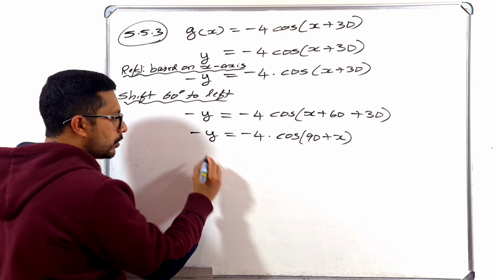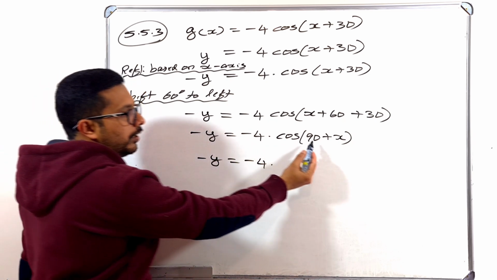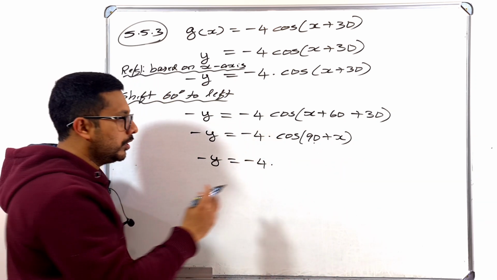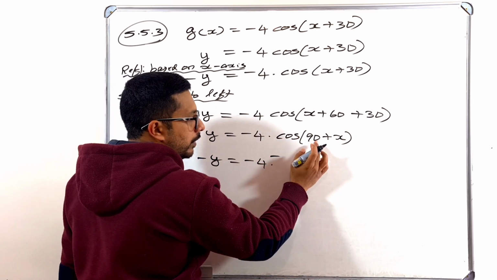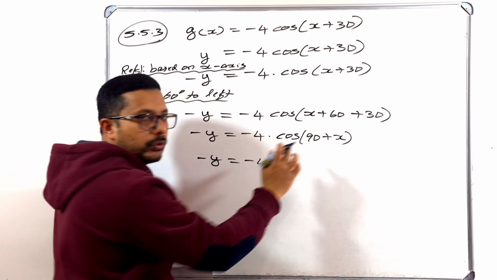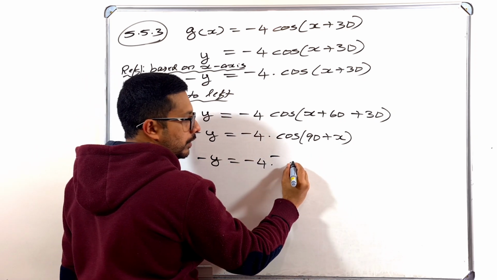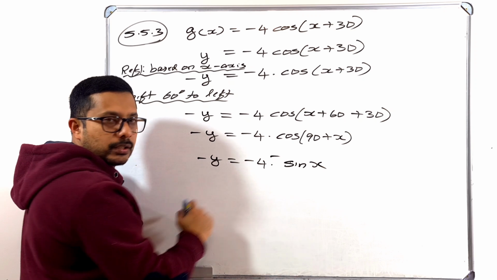Sine is positive. Here what? Cos. Okay, so minus y is equal to minus 4 into 90 plus x is in the second quadrant. Second quadrant, sine is positive. Here what? Cos. So it is negative. Then if it is based on 90, you have to change to its co-function. What is the co-function of cos? Sine. So it is sine x. Minus into minus is positive.